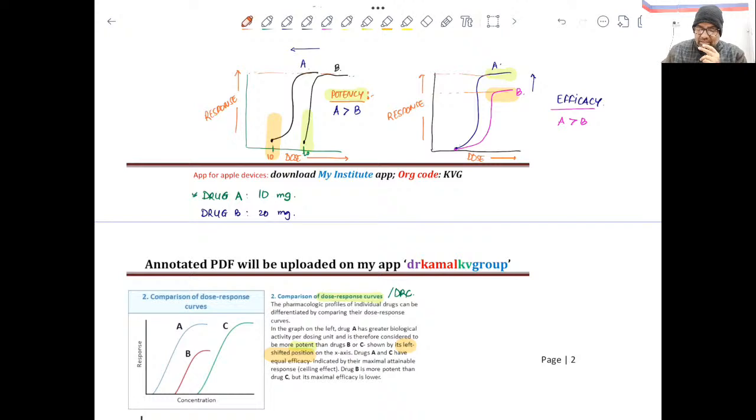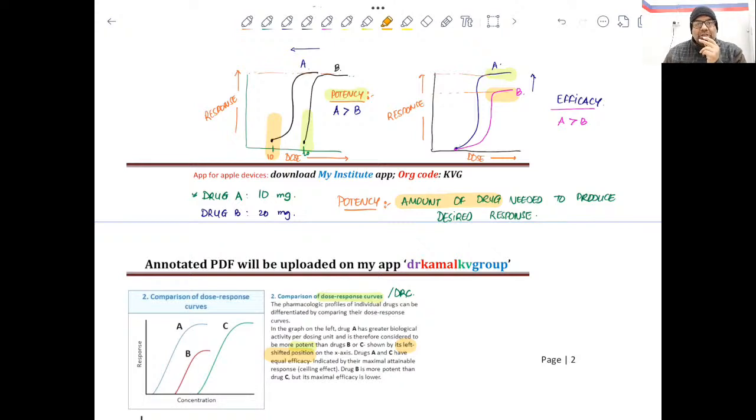So potency means the amount of drug needed to produce the desired response. Is that clear? So this is potency, the amount of drug.